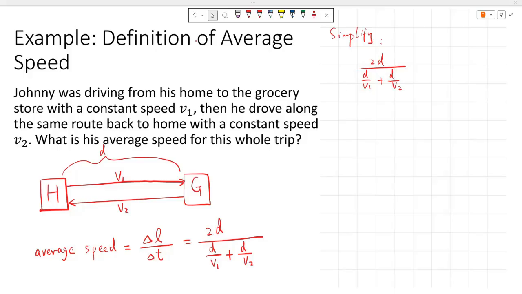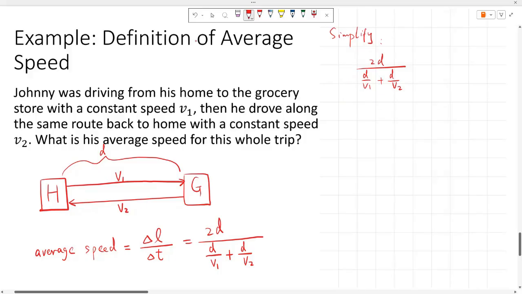In this case, let me just show you one way, and feel free to try whatever method you feel more comfortable with. All I want to make sure is that you know our goal is to simplify this complex fraction as much as we can. And remember that we're not supposed to have our final answer depending on the d, right? So that's another thing to keep in mind.